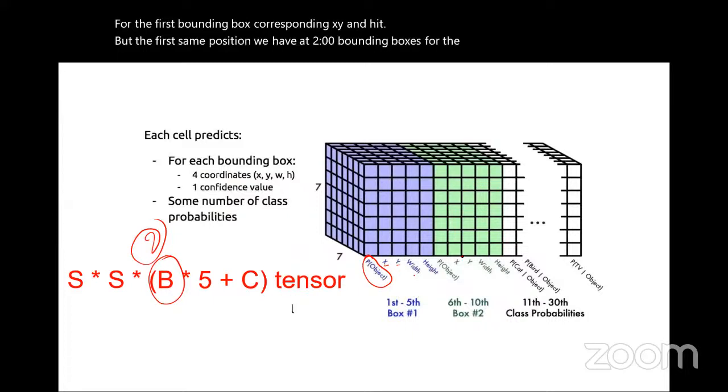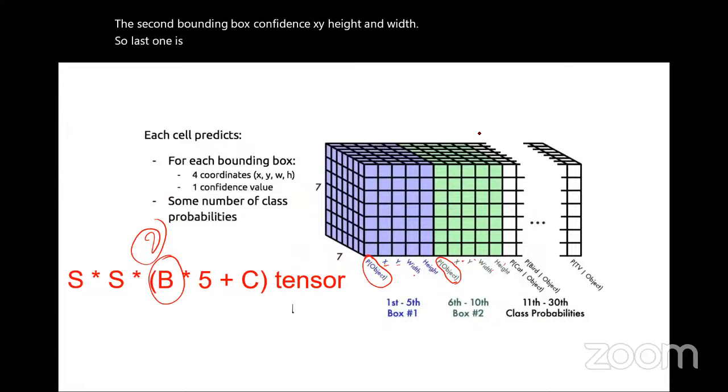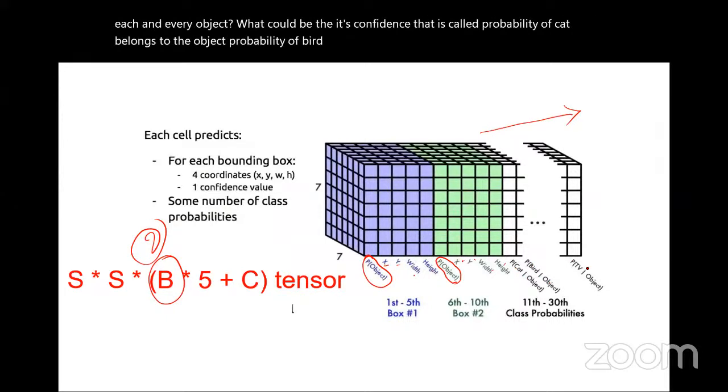For the second bounding box, confidence, X, Y, height and width. The last part is C, the number of object classes. For each and every object, what could be its confidence? That is the probability of cat, probability of bird, probability of TV, and so on. So this is my tensor.